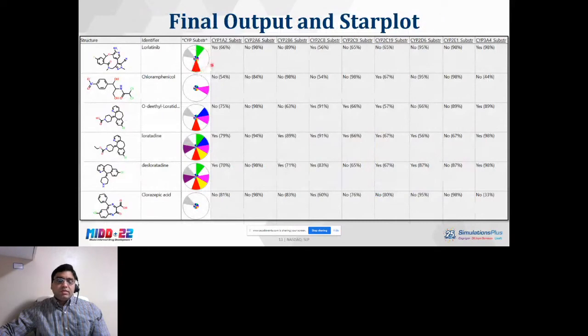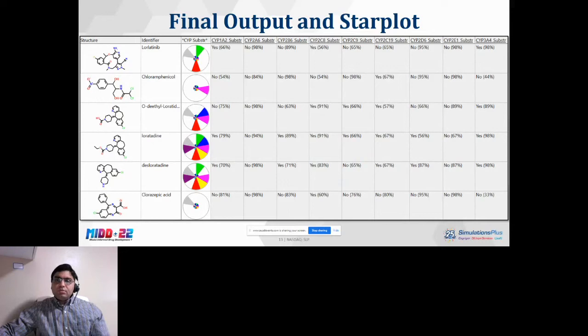And as I mentioned, these models are all ensemble models, so we also provide a confidence estimate in our predictions, which is calculated using beta binomial distribution. And beta binomial distribution is already published in the literature, so if anybody is interested, I can provide those references, or you can pull out those references from the Simulations Plus website.